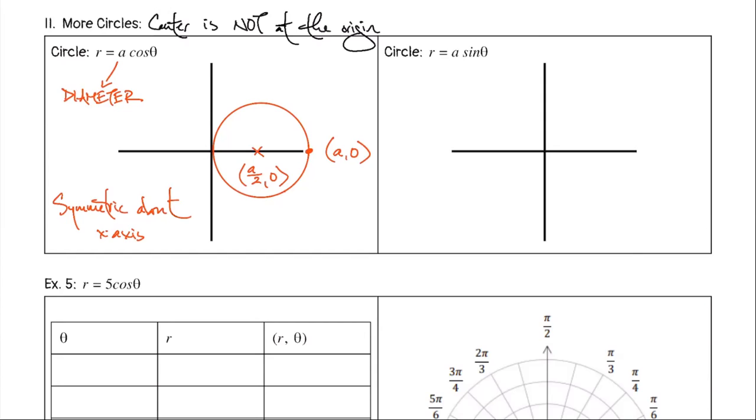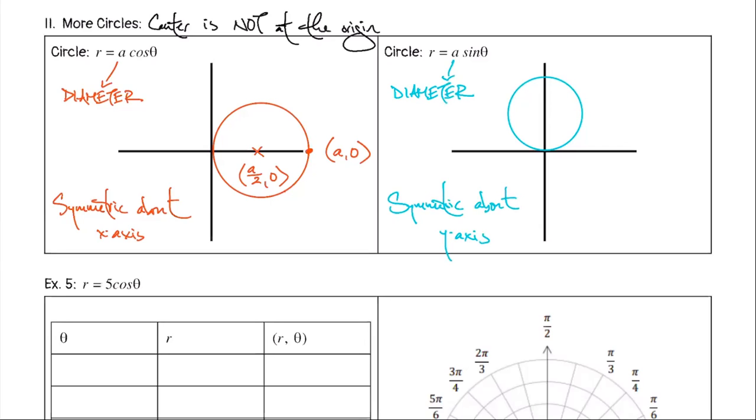Now, if we have the equation r equals a sine theta, it turns out that's going to give us a circle that is symmetric about the y-axis, but the same thing holds true that a is going to be the diameter, not the radius.